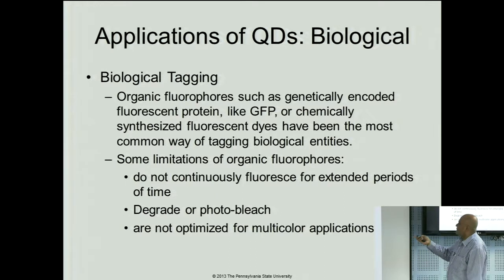So what is biological tagging? You have organic molecules which have some genetically coded tags. If there are certain proteins which react, how do we know that it has reacted? It is a standard technique in biology: there are some chemically synthesized fluorescent dyes which change color when that particular reaction occurs.